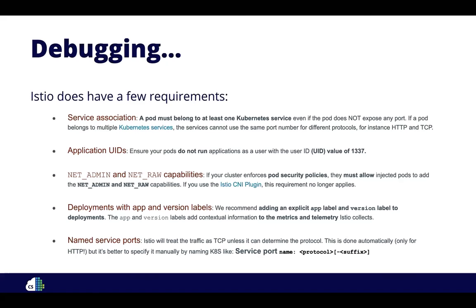So basically, you should put protocol-suffix, so protocol dash something. For example, http-my-service-x. By doing that, you basically instruct Istio, you tell Istio what traffic will be here, so it's easier for it to pick it up.